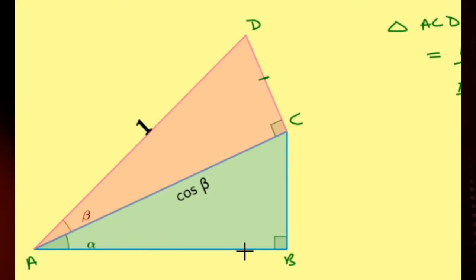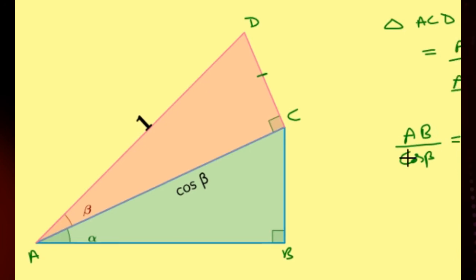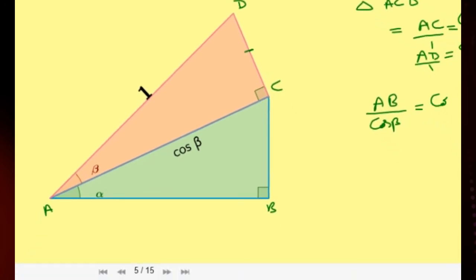If you observe, in right angle triangle ABC, AB is the base, whereas AC is the hypotenuse and its length is cos beta. Base upon hypotenuse will become cos, and now the angle is alpha, so I will write down cos alpha. So the value of AB will become cos beta cos alpha, or you can say cos alpha cos beta.